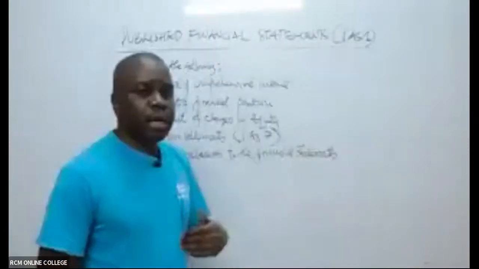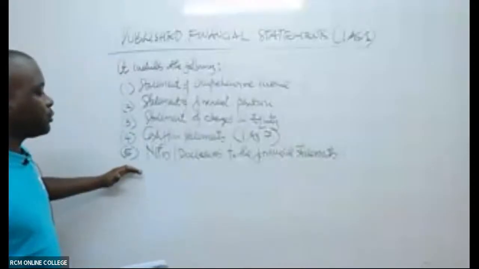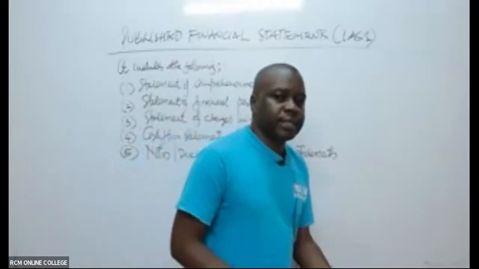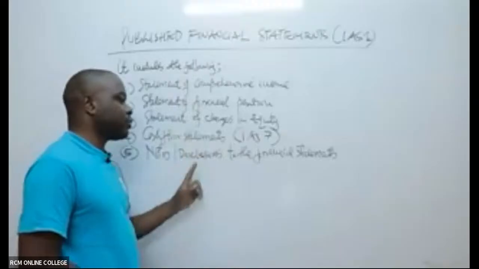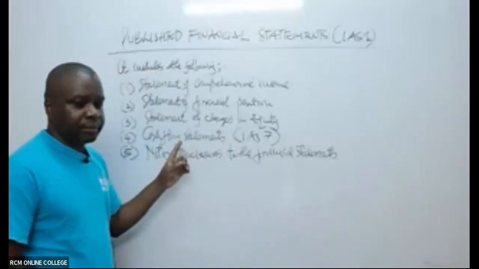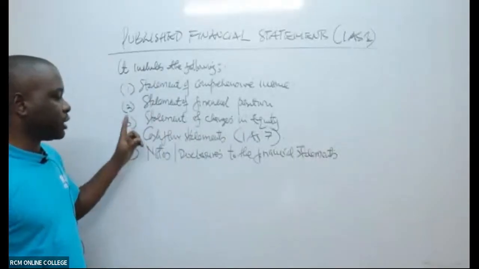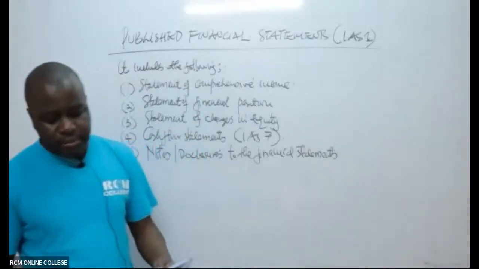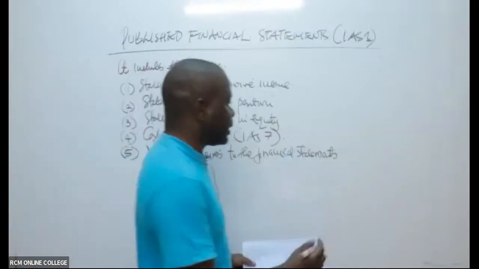So you'll be able to elaborate by including in your set of published financial statements what we call the notes or disclosures to the financial statements, to better understand what has been presented.